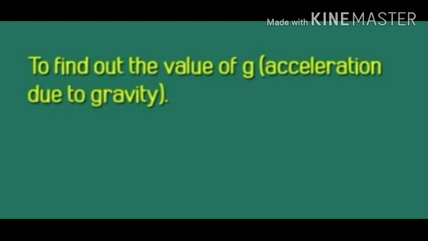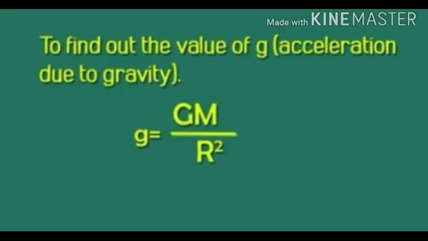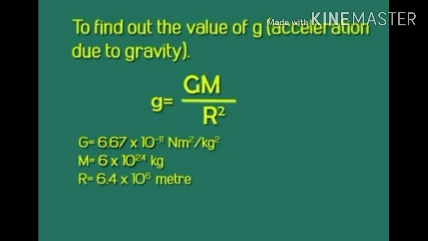We know g = G M / R², and we know the values of G, M and R. G, the universal gravitational constant, is 6.7 × 10^-11 N m² per kg². Next is the mass of the Earth.